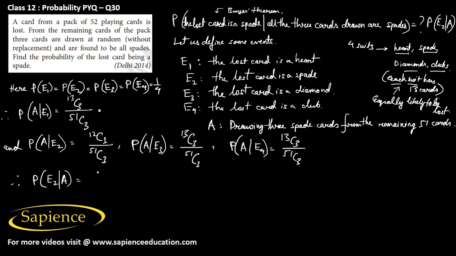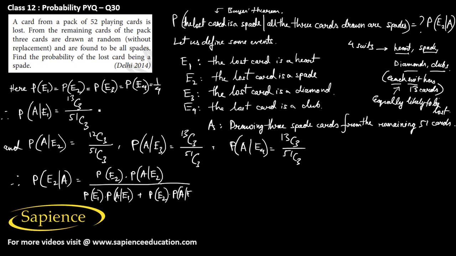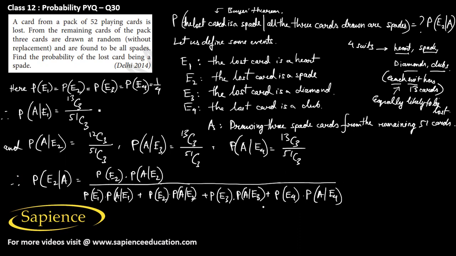P of E2 given A. So that would be P of E2 times P of A given E2, divided by P of E1 times P of A given E1, plus P of E2 times P of A given E2, plus P of E3 times P of A given E3, plus P of E4 times P of A given E4. So that we have to solve and find.